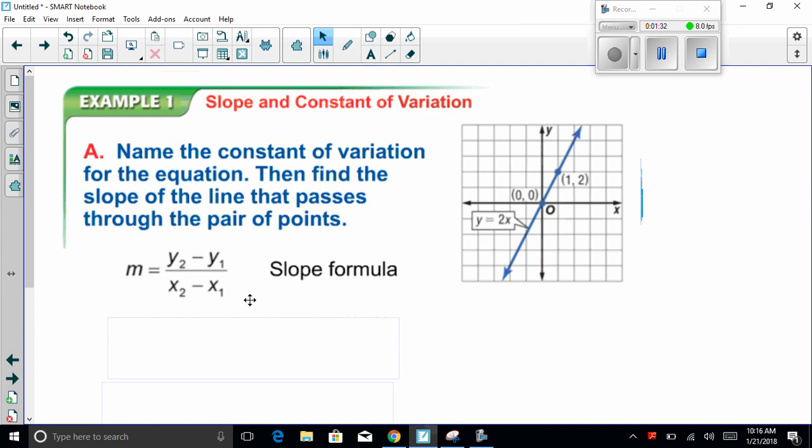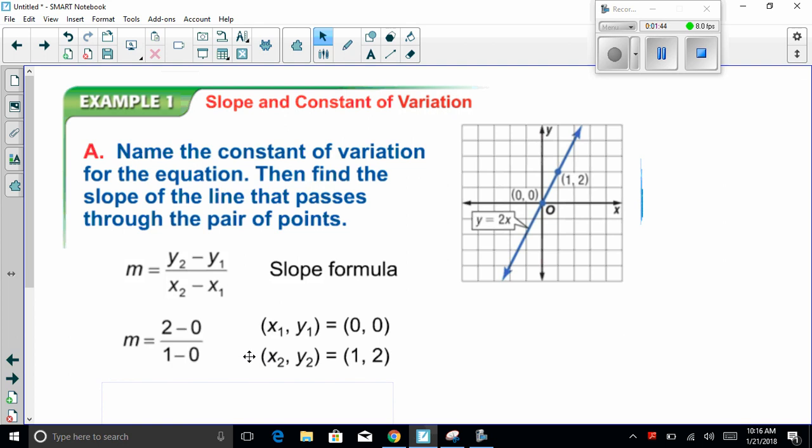The first thing we're going to do is use our slope formula, which you remember from the last lesson. It's y2 minus y1 over x2 minus x1. You should all be very familiar with this. We're going to use (0, 0) as x1, y1, and (1, 2) as x2, y2.